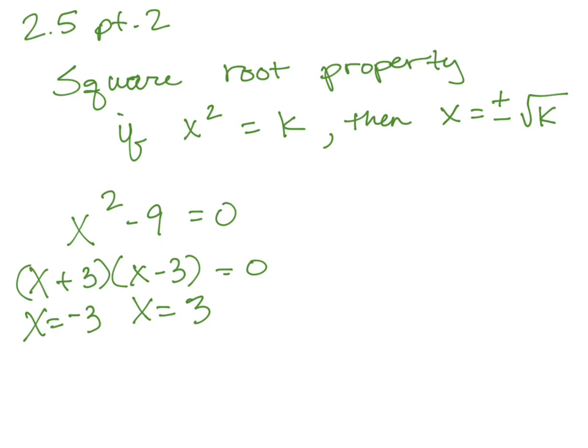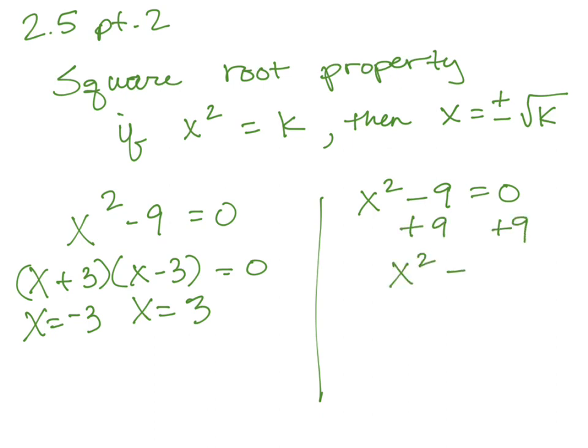The other way is by using the square root property, which is to say if x squared minus 9 equals 0, then I want to get the x squared term by itself. How do I do that? Add the 9. So now x squared is equal to 9. Still trying to isolate x. X right now is being squared, so I can undo that by square rooting.